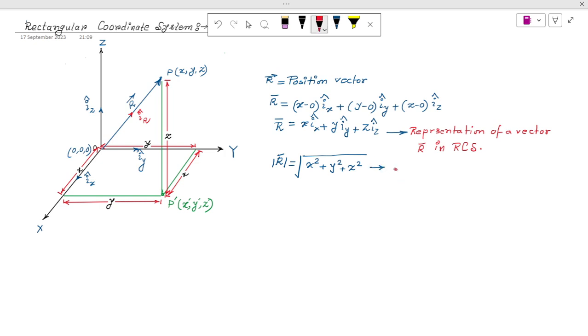This is the magnitude of a vector R. Now next important thing, unit vector IR, how you can calculate. I have discussed it in a previous lecture, a few lectures before, what will be the formula.